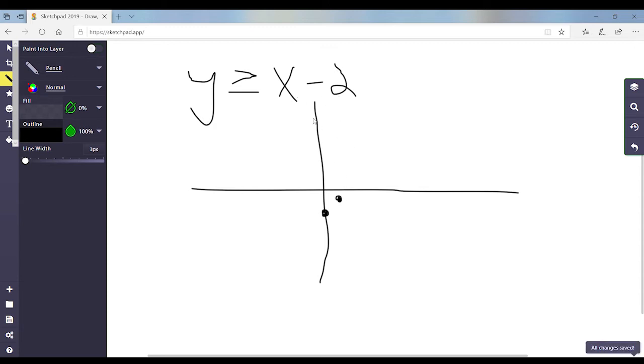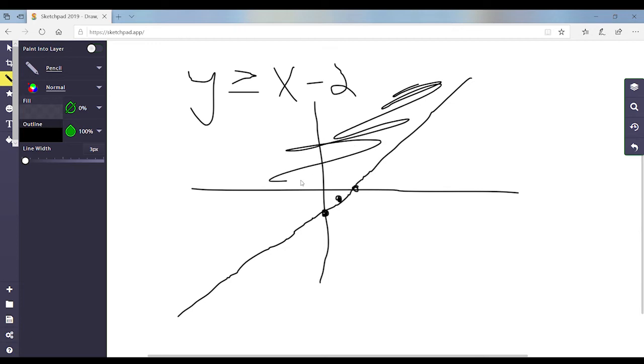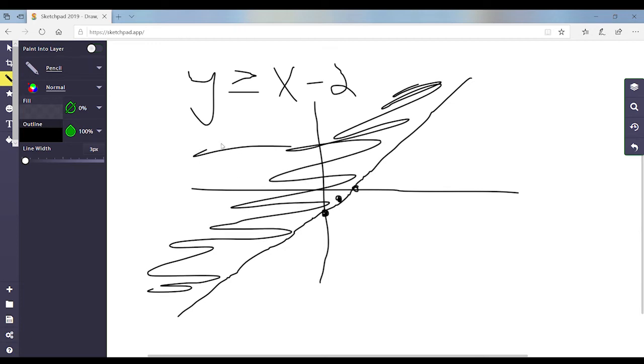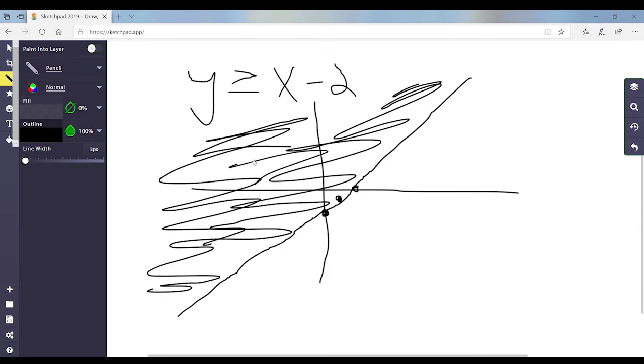Now at positive 2, where x is 2, then it would be 0. So we have a line like this. You can kind of see there's a pattern, and there's a line like this. So y always has to be above this line, okay? Or equal to the line. So when x is incorporated, that means that y at those individual x points has to be greater than it.